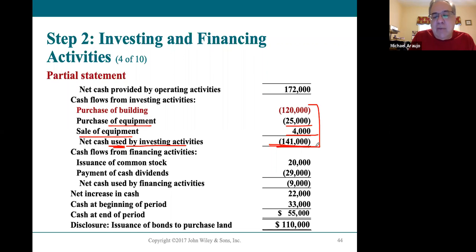They took $141,000 more out of the company for investing activities than coming in. Now that's usually a very good sign. We want to see them using money to do appropriate investing activities, buying assets and positioning the business to be more profitable in the future. Okay.